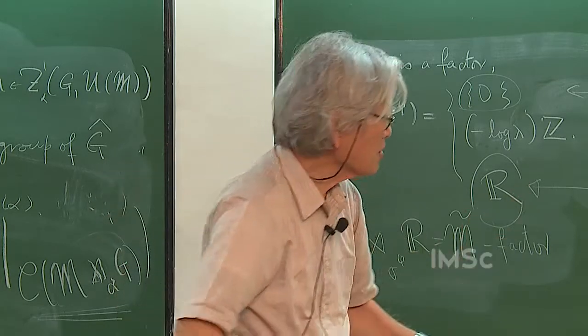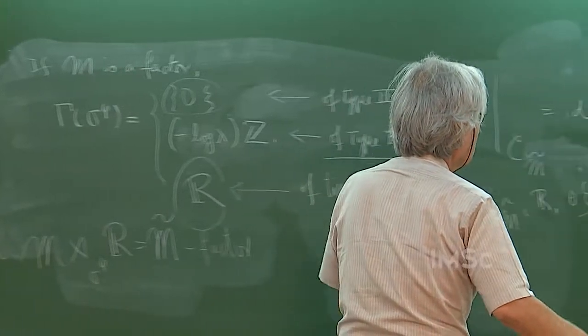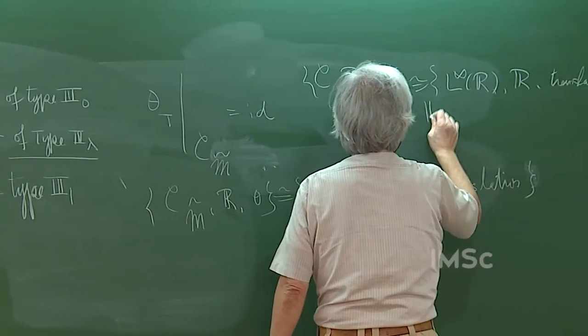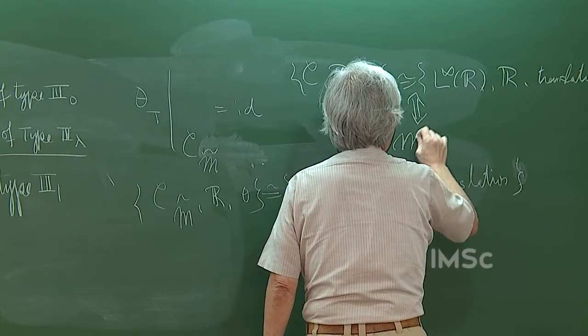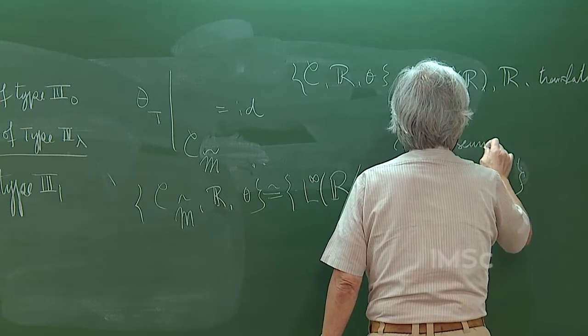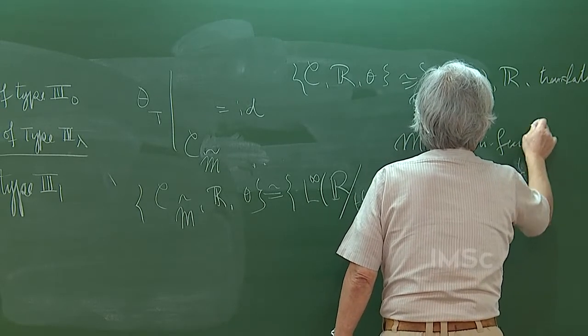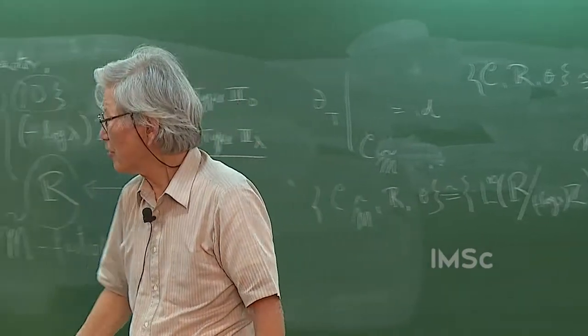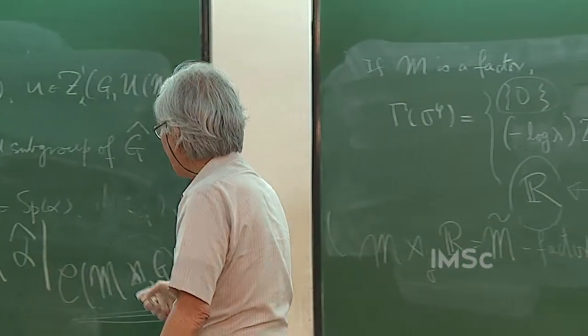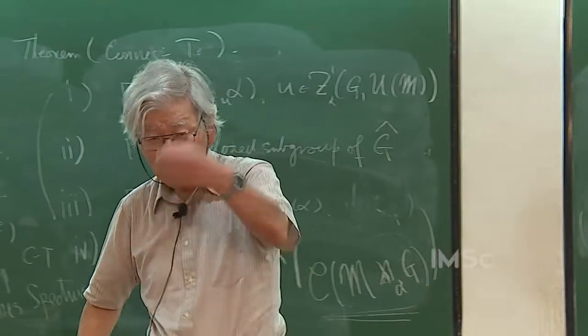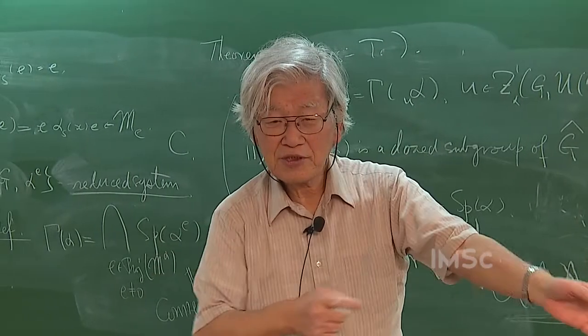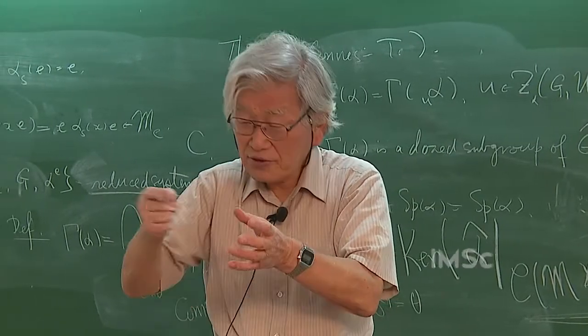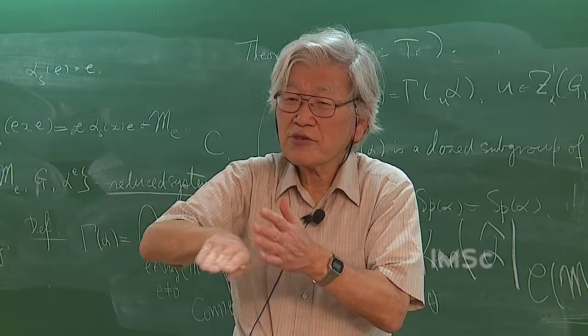So in that case, if and only if the original M is semi-finite. It has a trace. So the trace on M tilde survives through this translation, the cross product, because it's just on a real line.